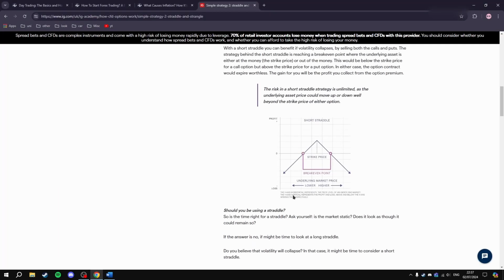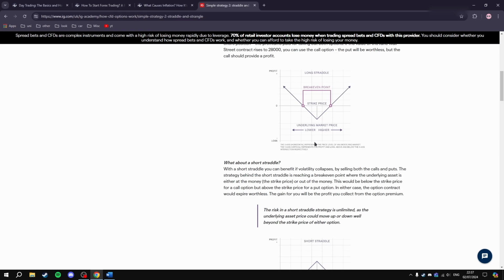I just realised there's words underneath here. The x-axis horizontal represents the price level of the underlying market, so I'm assuming that increases in price. Yeah, underlying market price higher, lower. The y-axis vertical represents the profit and loss above and below the x-axis intersection respectively. Profit loss.